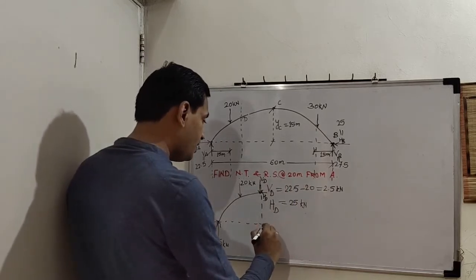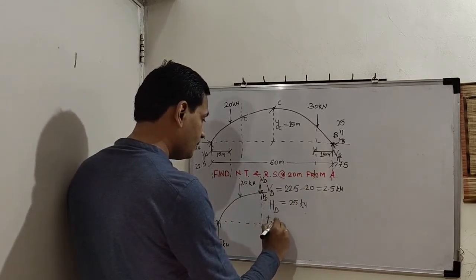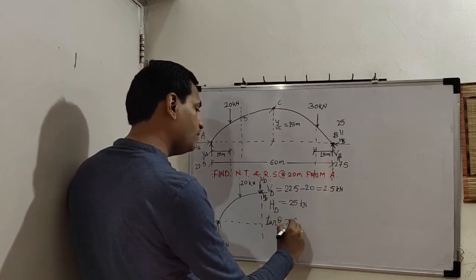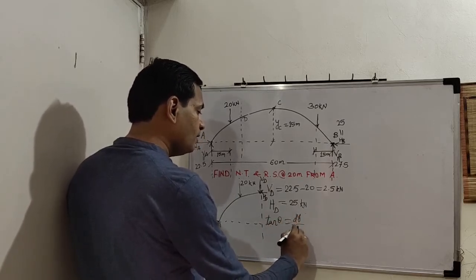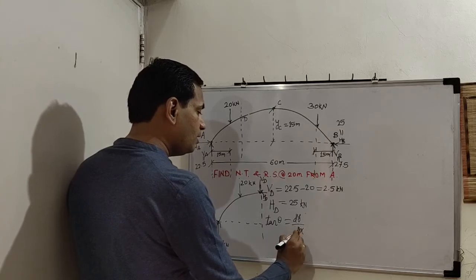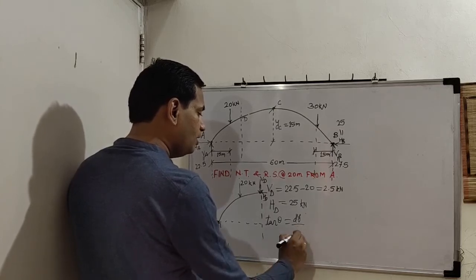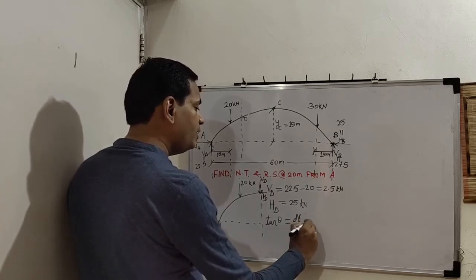Correct. One more value we require, that is theta. So what is theta? In fact, tan theta is equal to dy by dx. We have seen this dy by dx in the first session of three hinged arches.